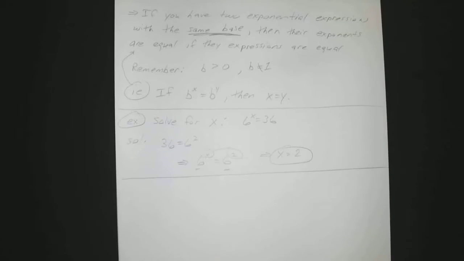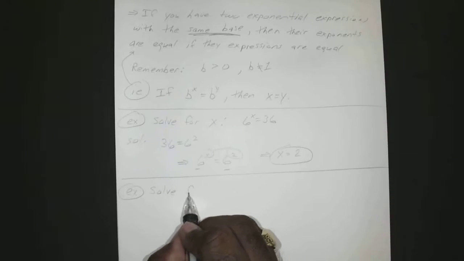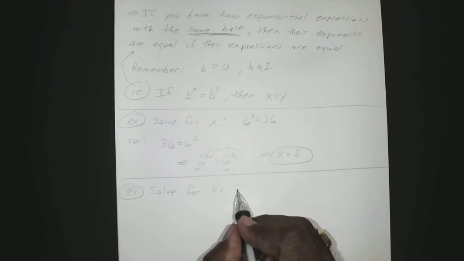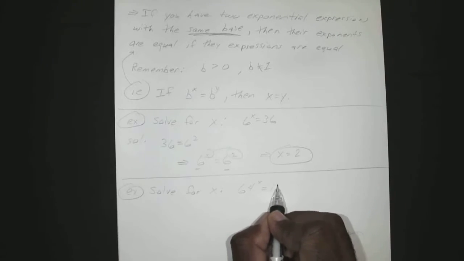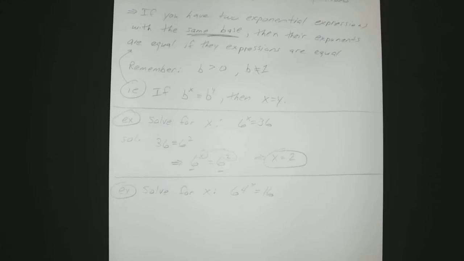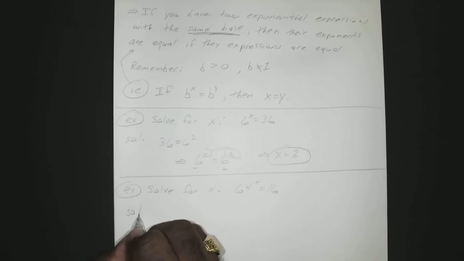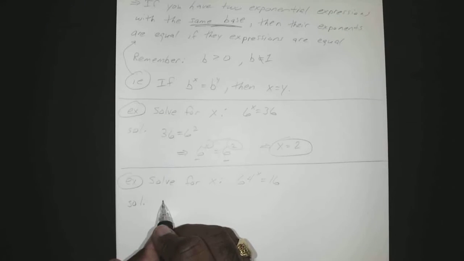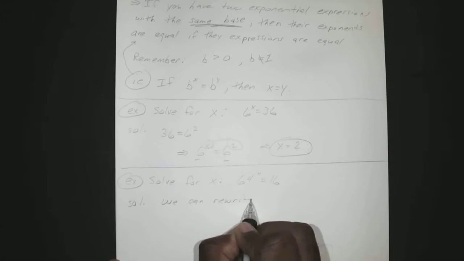All right, so let's say, for example, you want to solve for x, 64 to the x power equals 16. Okay. So here, we can actually rewrite both of them.